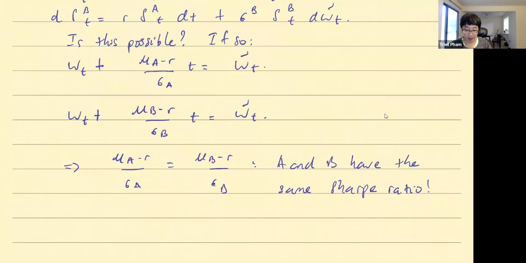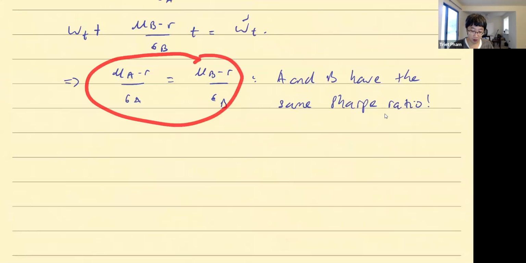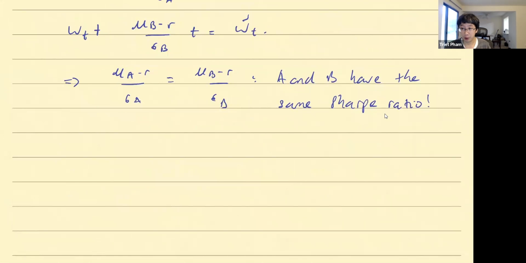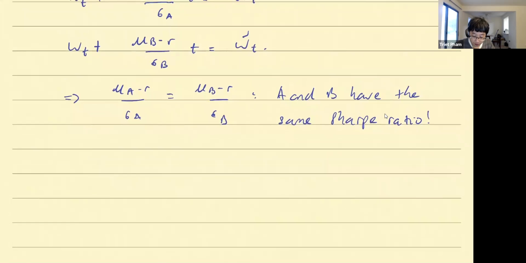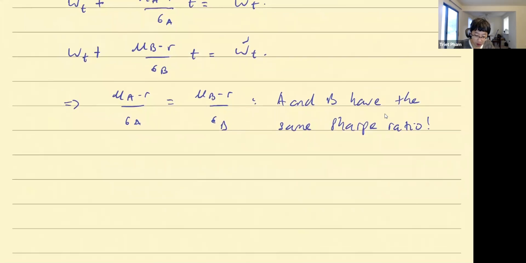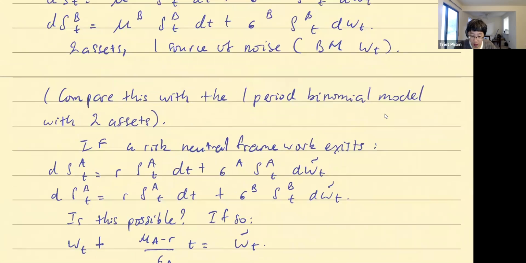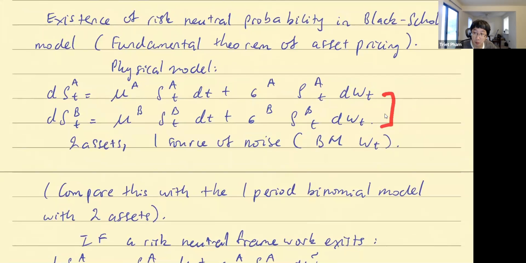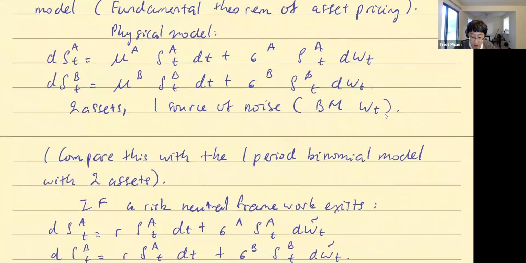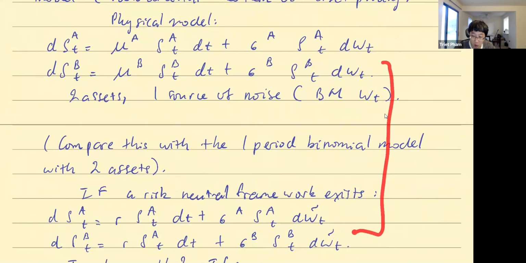And that proportion is now reflected via the Sharpe ratio in the Black-Scholes model. So in other words, unless these two companies are so special that they have the same Sharpe ratio, you could not model the two stocks in the same market like this. Or you could say that this model is inconsistent, or there's no risk neutral probability.